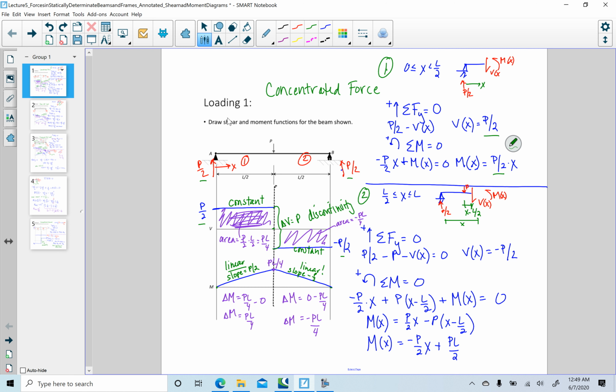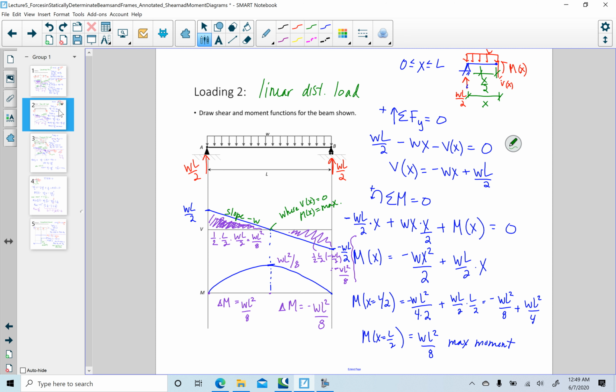Beyond that, it's just a linear slope, because we have a constant. If you have constant shear, then you have a linear slope for your moment. And the maximum occurs where you have zero shear.